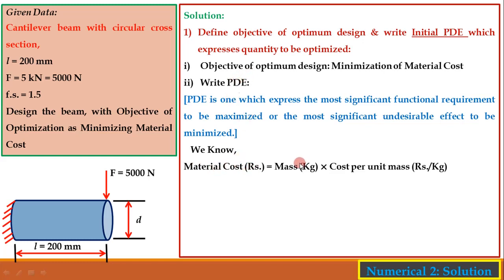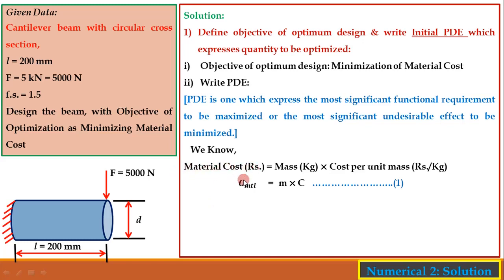Now what we have to do, we just have to put here the value of this mass. We have to replace this mass in terms of density, diameter, and length. We have seen in the last lecture how we derived the equation for mass in terms of density rho, d and length L. So we can use the designation for these terms.